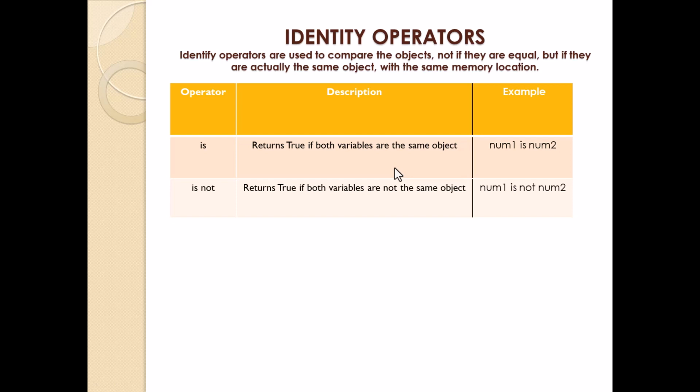If you say that, it will return true if they are holding the same thing. Then there's is not, which reverses it. It returns true if both variables are not the same object. num1 is not num2. If they are the same object, the result will give you false, but if not, they will give you true.